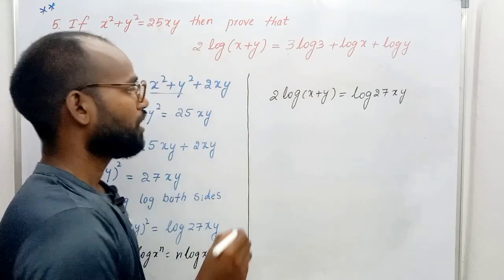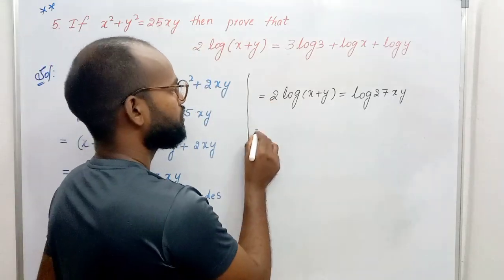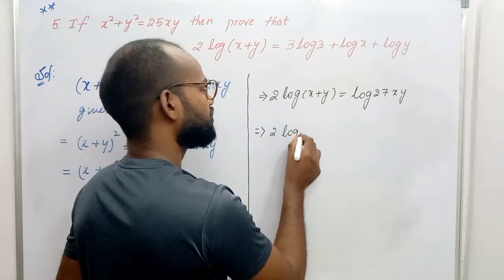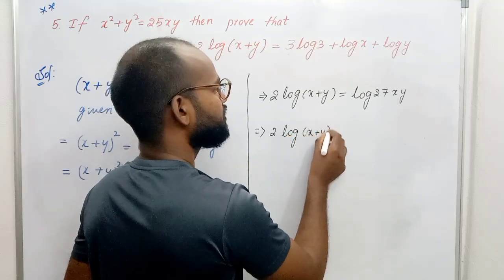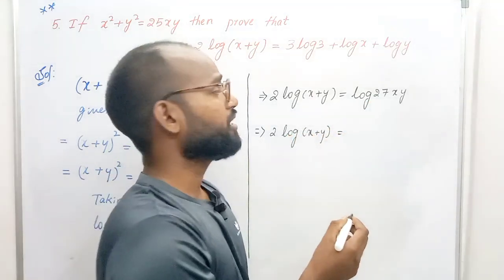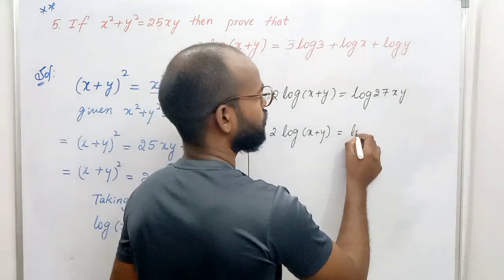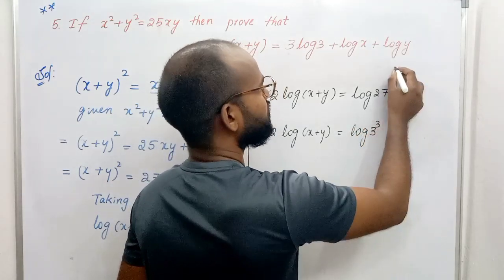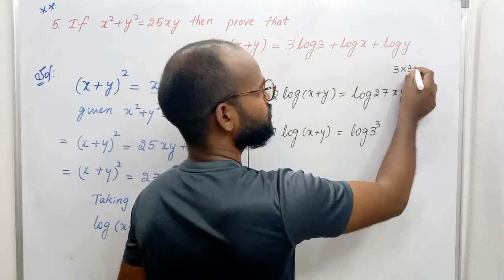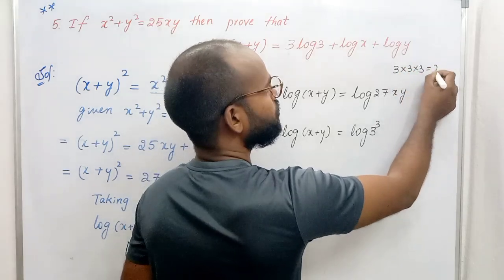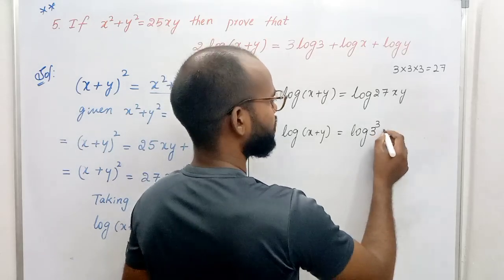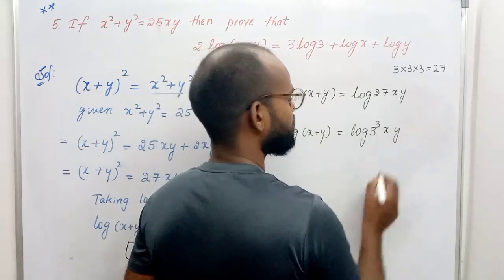Now 27 can be written as 3 cube. 3 cube is nothing but 3 times multiplying 3: 3 3 is 9, 9 3 is 27. So it is 3 cube, right? Then xy as it is.